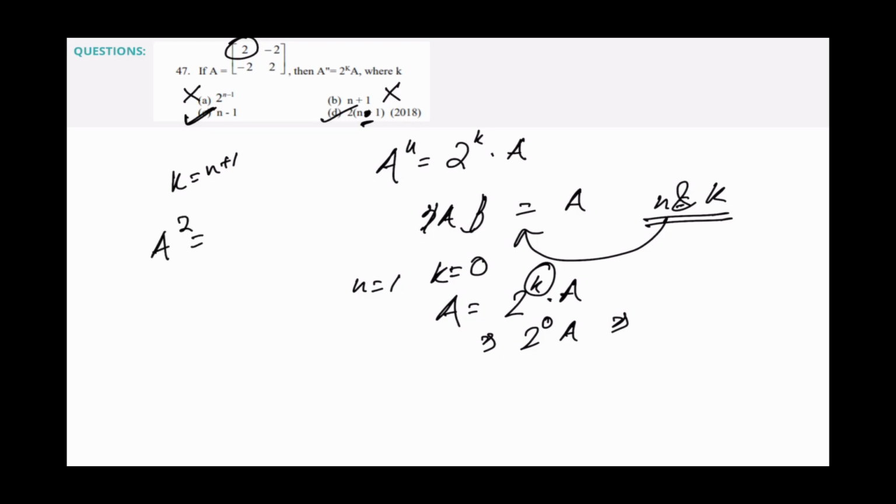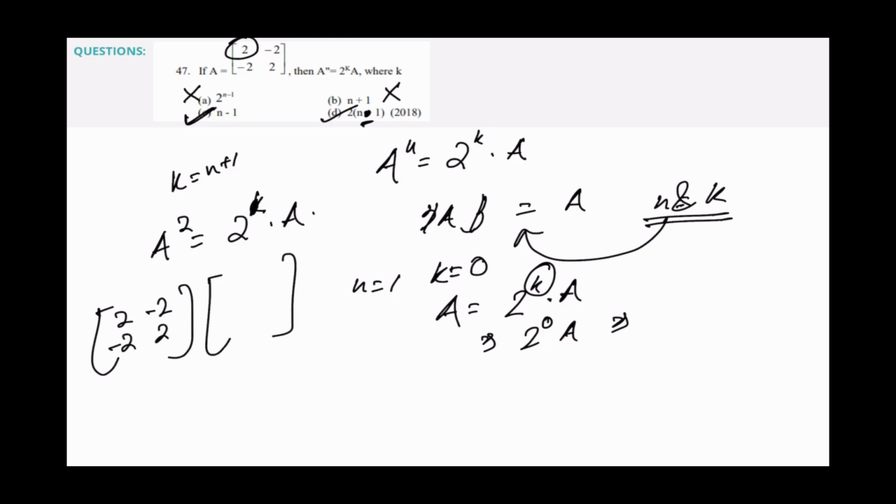When I put n equal to 2, A squared is equal to 2 power k into A, where we don't know k. Now we'll square it up, but we won't square the whole thing. A lot of students square the whole thing. We'll just square the first row with the first column.